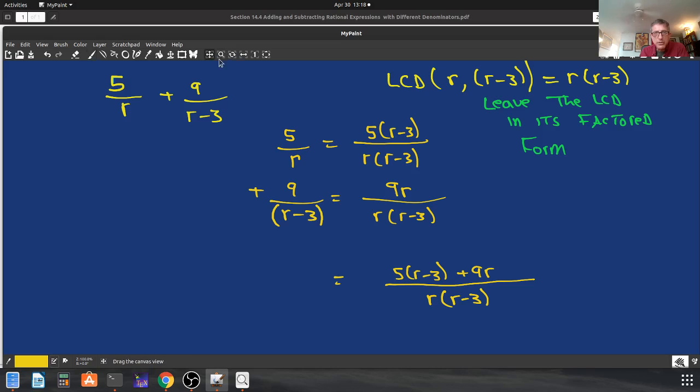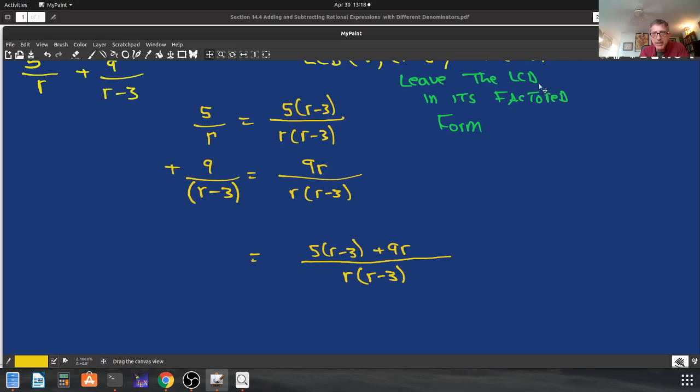So notice that I say leave the LCD in its factored form, and let me add to that, as denominator. But the numerator you need to go ahead and simplify.